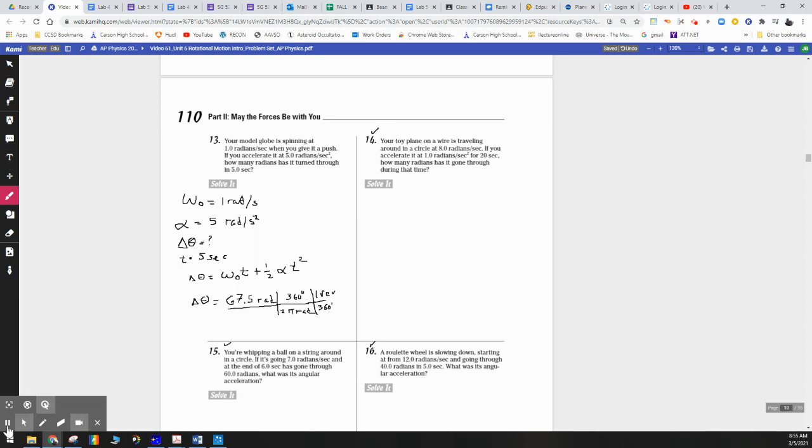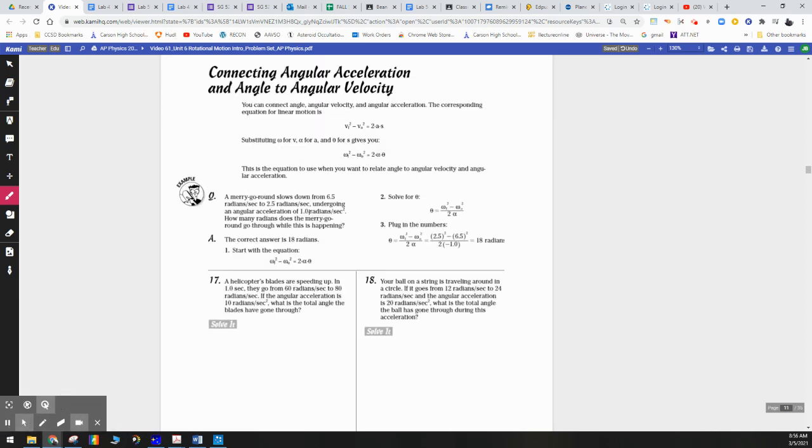All right, hit pause. His next part here is, suppose there's no time given. This is what we would use if there was no time. We would have v squared equals v0 squared plus 2a, and usually delta x.